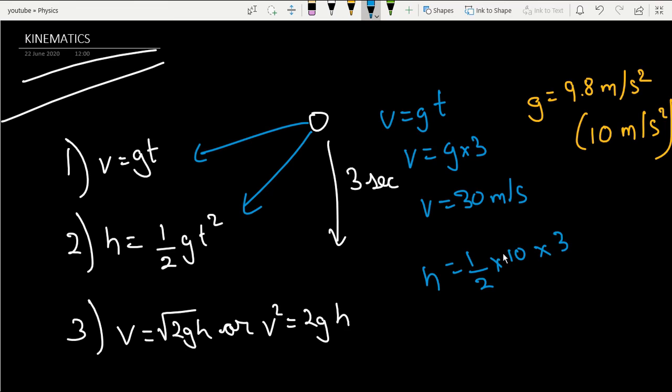I'm taking g as 10, or if there's a multiple of 7, then you can take it as 9.8, so it can be easily divided. So here I'm taking 10, so it becomes h is equal to 15 meters. Simple. Similarly, you can do this for this also. We can just substitute and find v, or you can find h.